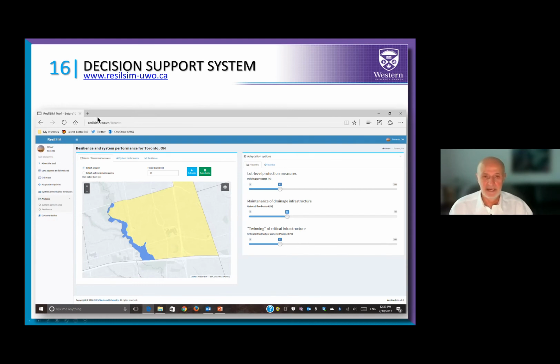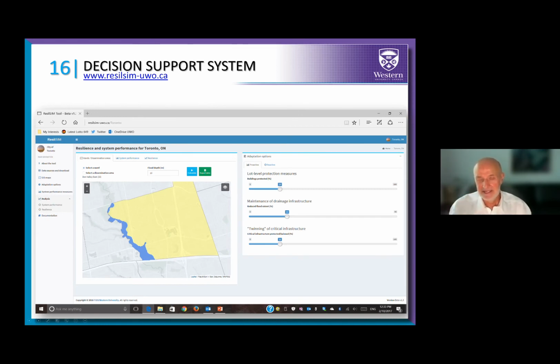So the system is built in a format where on the left-hand side, you have a representation of the area which is being affected, as well as a graphical representation of the system performance and resilience. And on the right-hand side is another part of the window where different adaptation options and measures can be implemented and changed in real time by changing the values of different sliders.